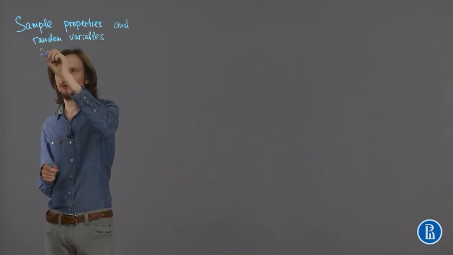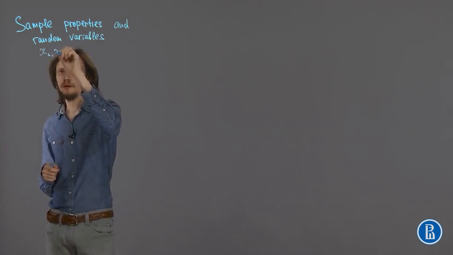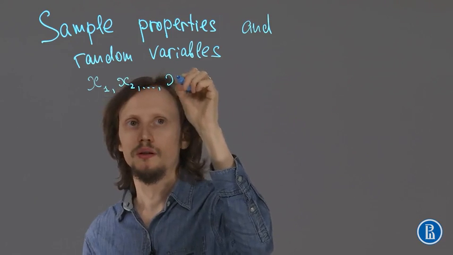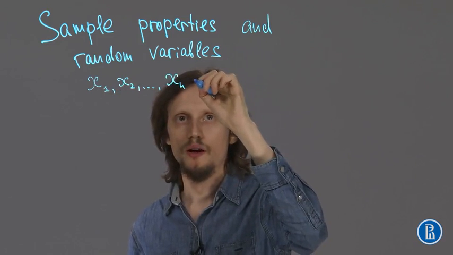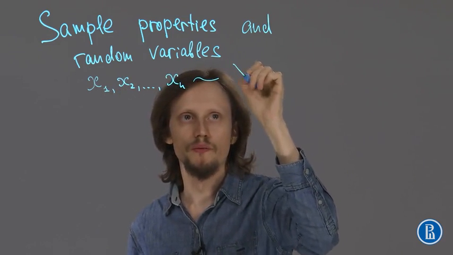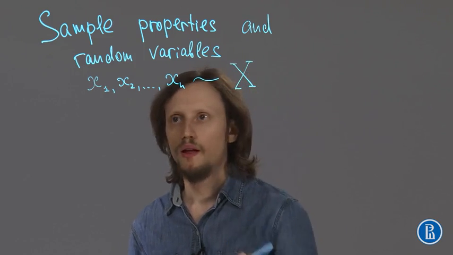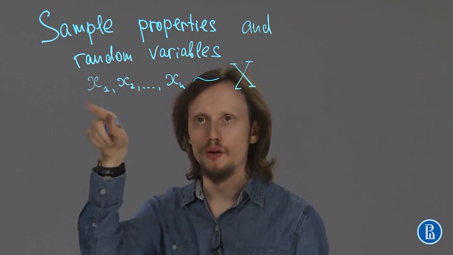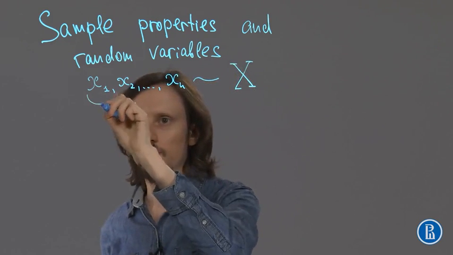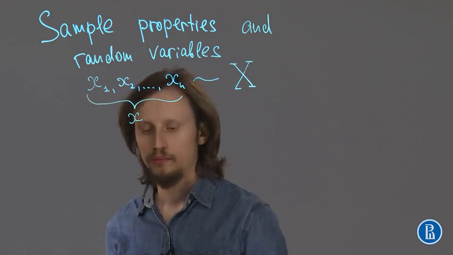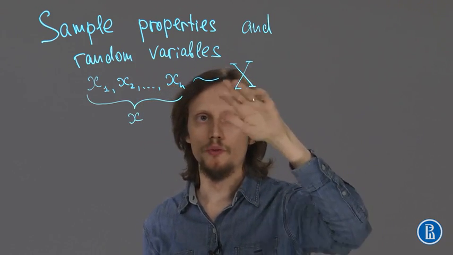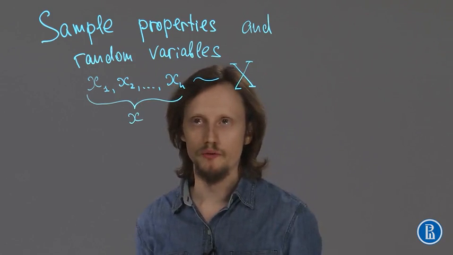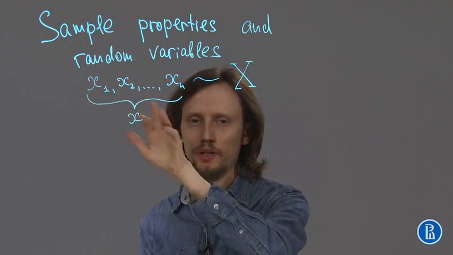Let us assume that we have a sample of numeric values like x1, x2, and so on, xn, and these values are sampled from some random variable X capital. I will refer to the collection of these x's as x small. We can consider the relation between properties of X capital, which is a random variable, and properties of this sample.